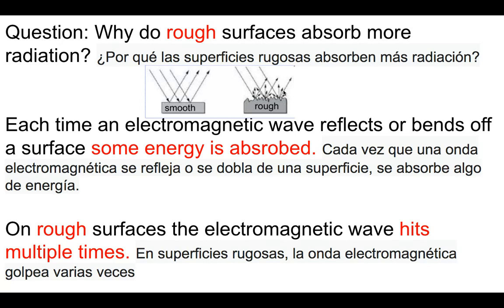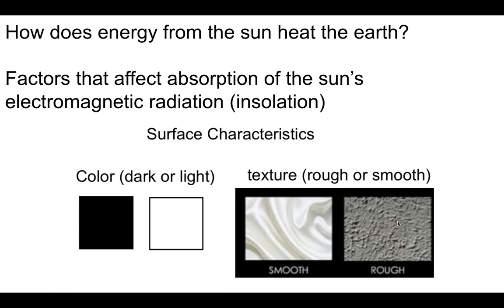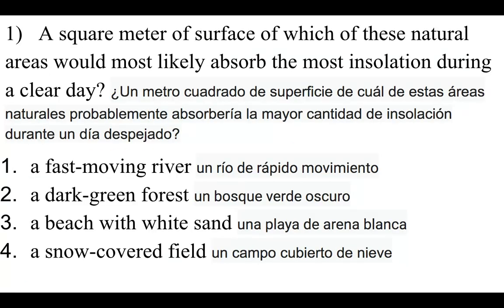So again, darker colors absorb more electromagnetic waves, more energy from the sun, and rougher surfaces also absorb more of the sun's electromagnetic radiation. So go ahead, based on what we just talked about, answer this question.